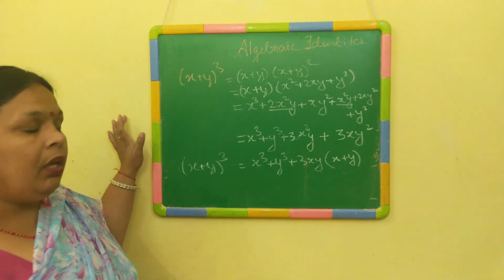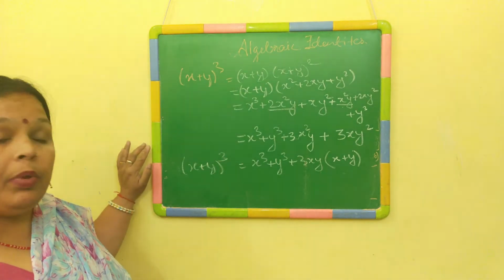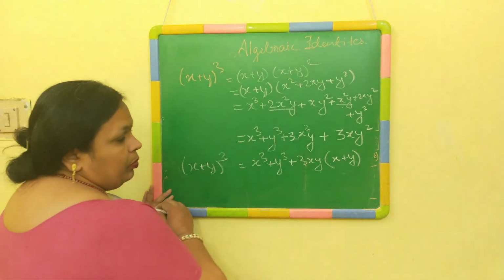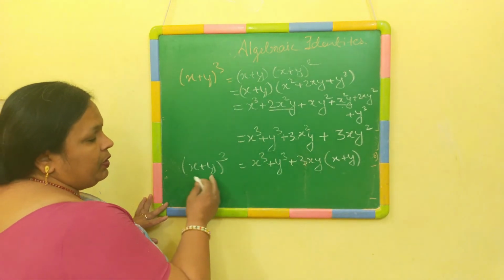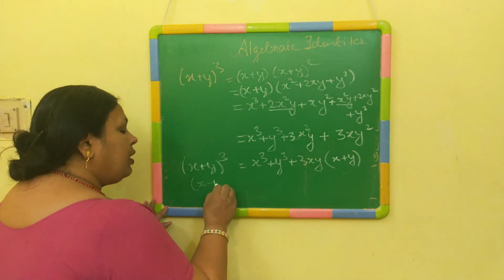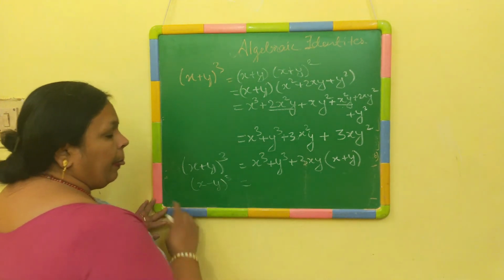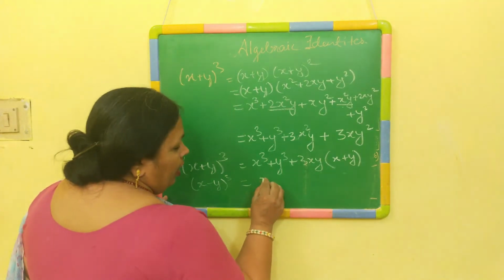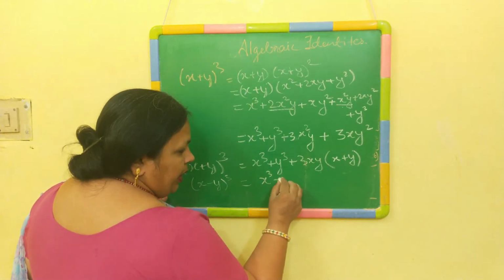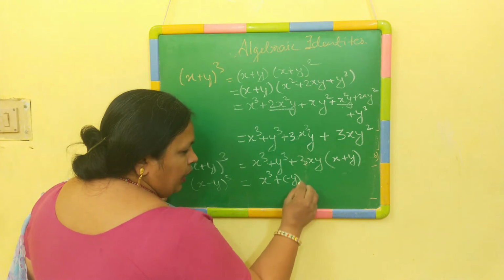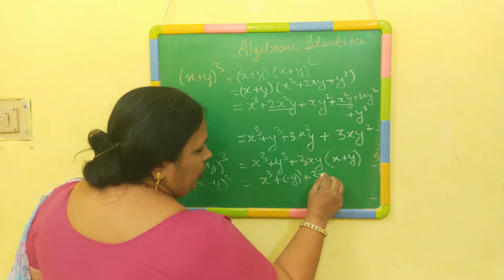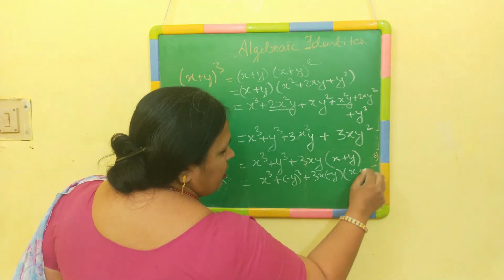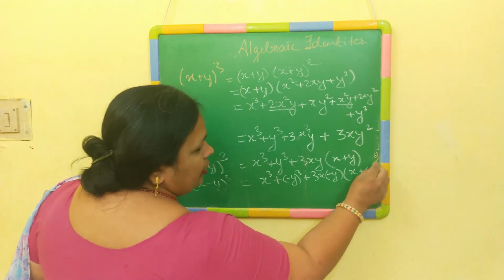So this is (x plus y) whole cube. What is it? x cube plus y cube plus 3xy into (x plus y). Now if this is the value of (x plus y) whole cube, what will be (x minus y) whole cube? (x minus y) whole cube will be x cube plus (minus y) cube plus 3x(minus y)(x plus minus y).